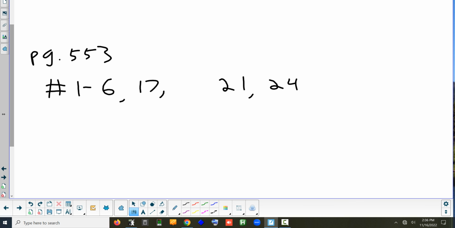No, none of these are. 17, 21, and 24 are matrices. This is a 2 by 2. This is a 3, and this is a 3. You'll see 1 through 6. 1 through 6 is pretty flat.